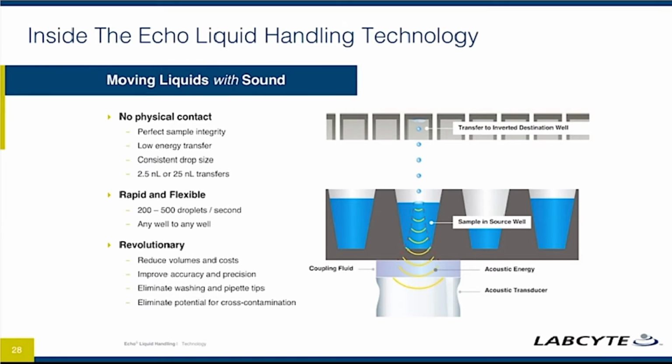That ejection process is extremely rapid, so we can eject those droplets at rates anywhere between 200 to 500 droplets per second. We can also position that acoustic transducer under any of the wells of the source plate and position any destination well above the transducer. And so that enables us to do any well to any well transfer.